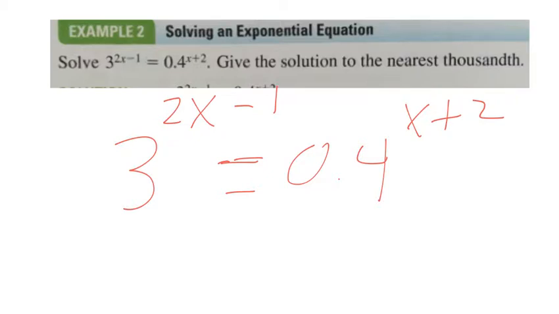Now, to get the x terms out of the exponent, you would need to do either natural log or common log of both sides. Since we did natural log last time, let's do common log this time.